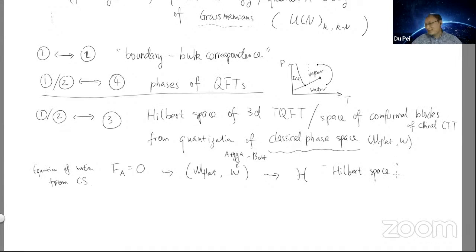And this Hilbert space is obtained by geometric quantization of the classical phase space, and states in this Hilbert space then have the interpretation of certain non-abelian theta functions on this classical phase space. So this is the interpretation that we will try to explore further in this lecture.